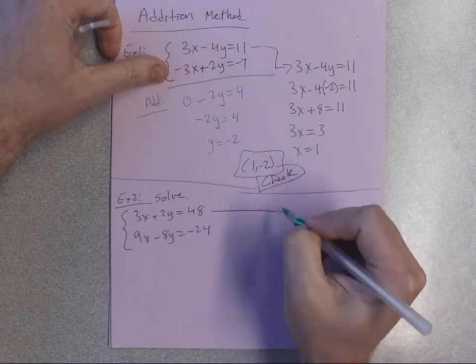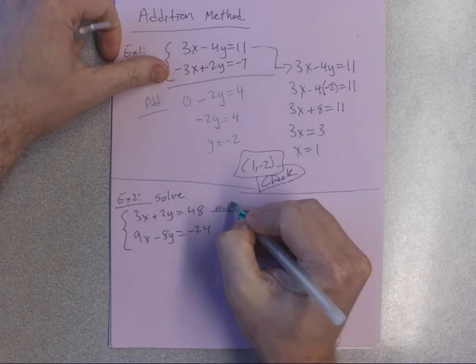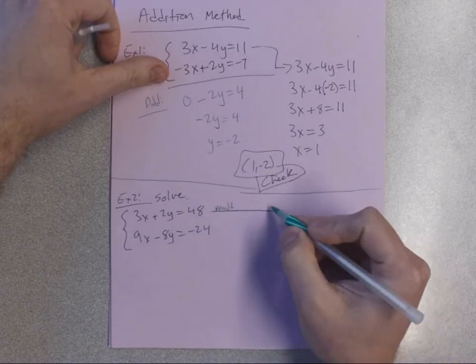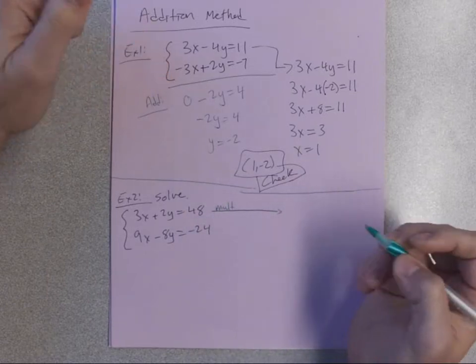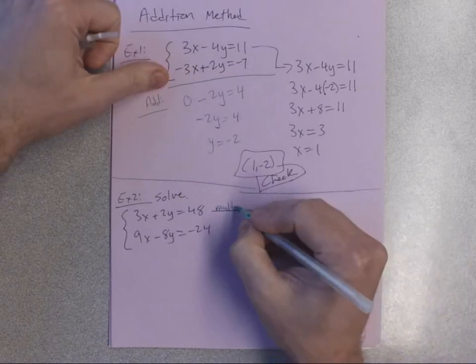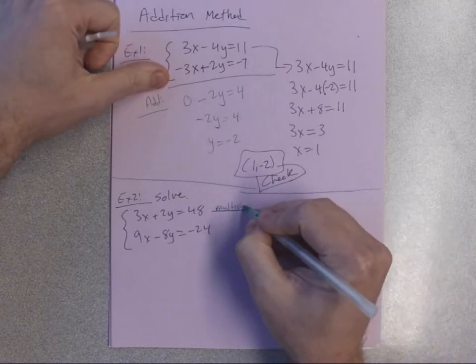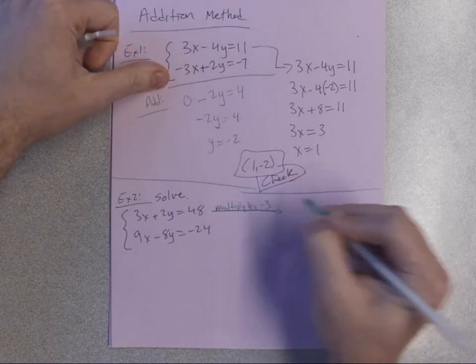I'm drawing a big arrow here, and on top I'm writing what I'm doing: multiply by negative 3.